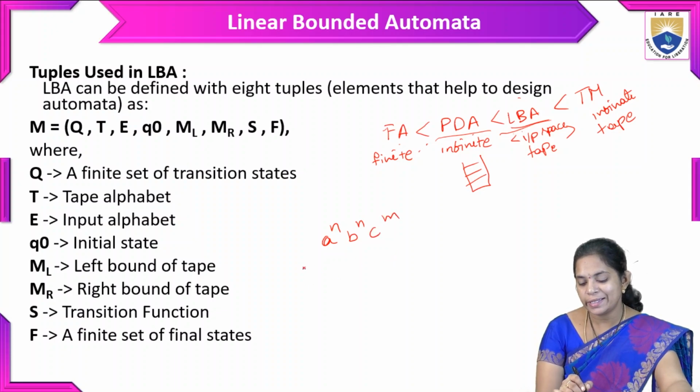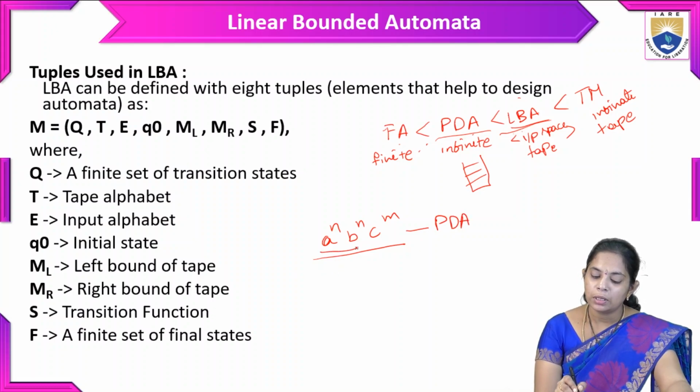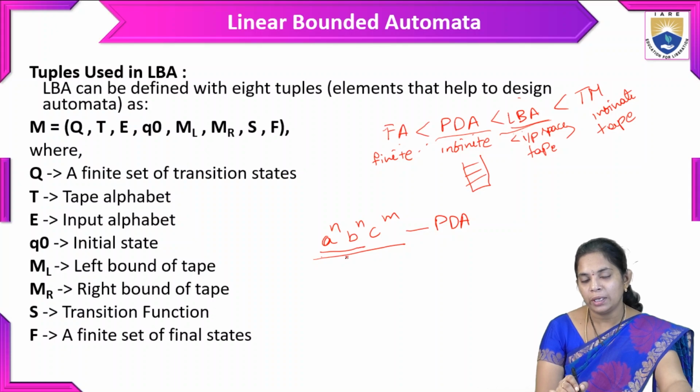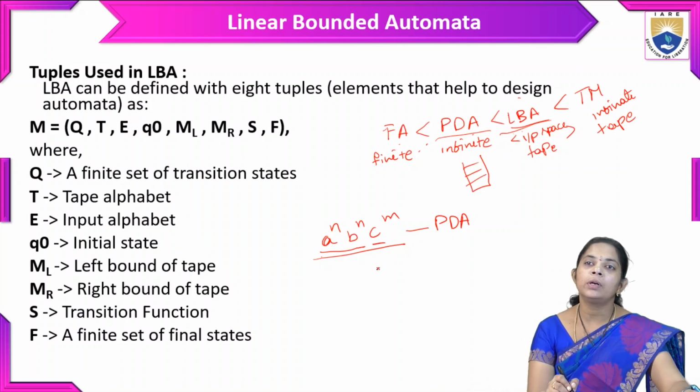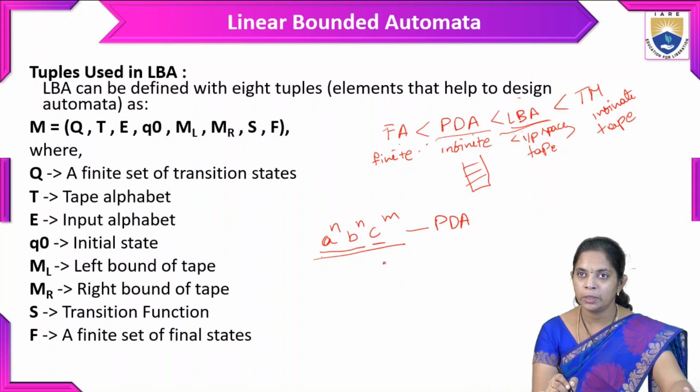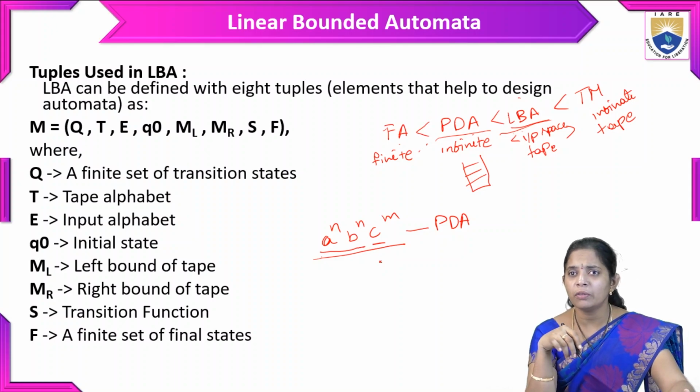With n number of A's followed by n number of B's, we can construct a pushdown automata. Whenever an additional input symbol C comes, we are not changing the values in the stack, and we simply go directly to the finite automata with the input symbol C also.